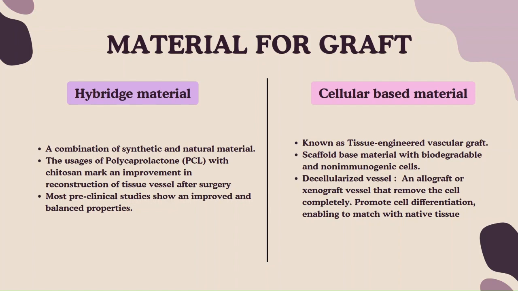One example is the usage of polycaprolactone (PCL) to provide the mechanical properties in the short term before degradation, combined with chitosan to improve the tissue reconstruction after the deployment.